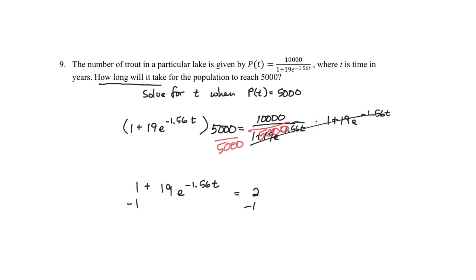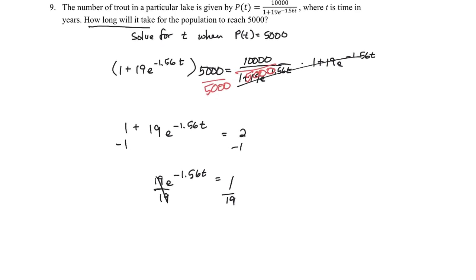Now I can subtract 1. And then divide by 19. Because again, what I'm trying to get is the base and the exponent. This is the exponential term. I'm trying to get this all by itself so I can use a logarithm. Now I finally have this exponential term isolated, so I can use a natural log to cancel the base e.